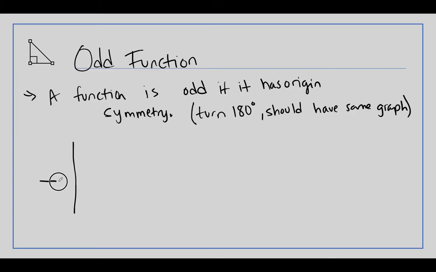And a good function to think of whenever you're trying to ask yourself if a function is even or odd, always think about the cubic function here, where y equals x to the third. So our value of x, y produces negative x, negative y.